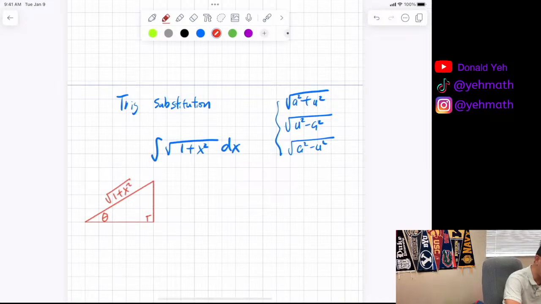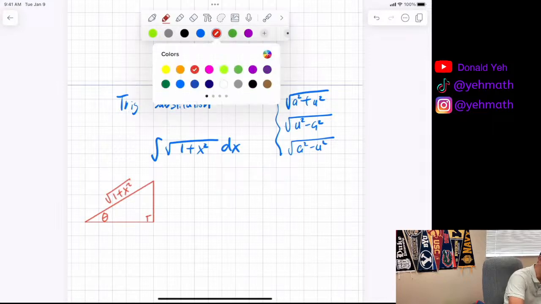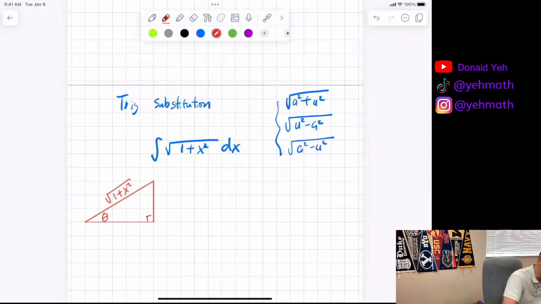Now, all those three things have something to do with three trig functions. Like trig substitution, we're only going to use three specific ones. Those three can take care of those three situations, and you have to memorize them: sine of theta, tangent of theta, and secant of theta.